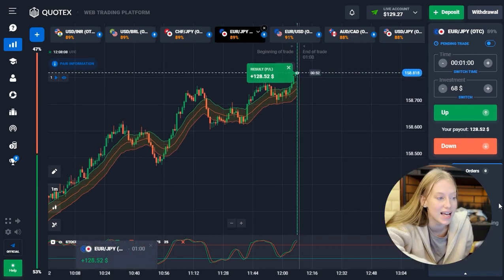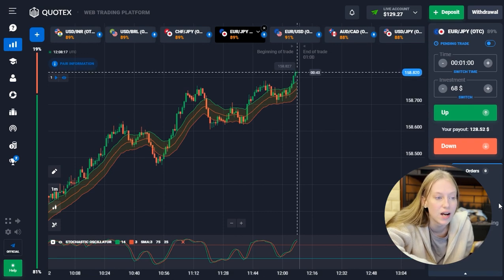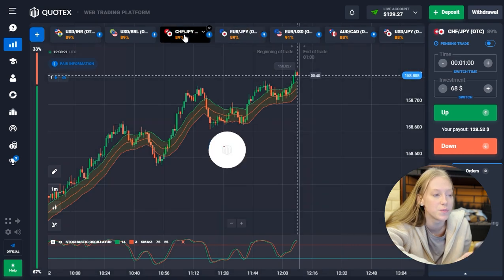You can see that the stochastic is on the higher level right now, and we have got profit. It's $128. As you remember, we start from 20.